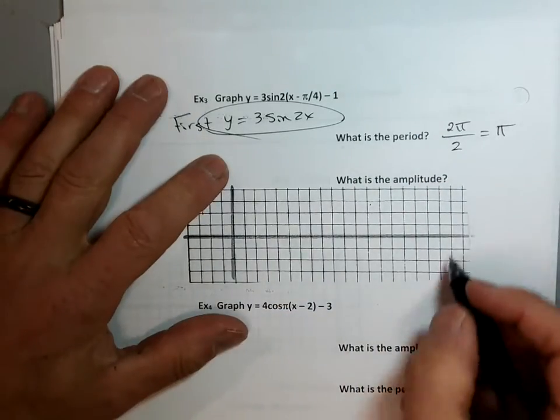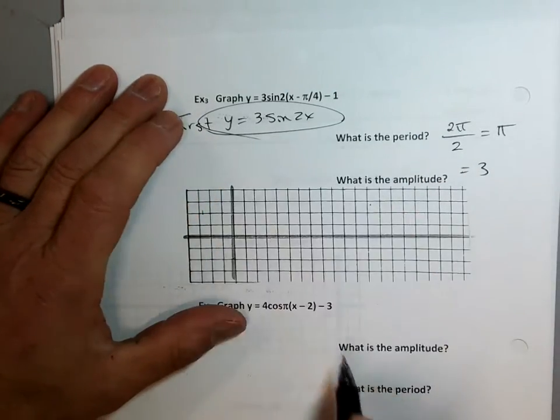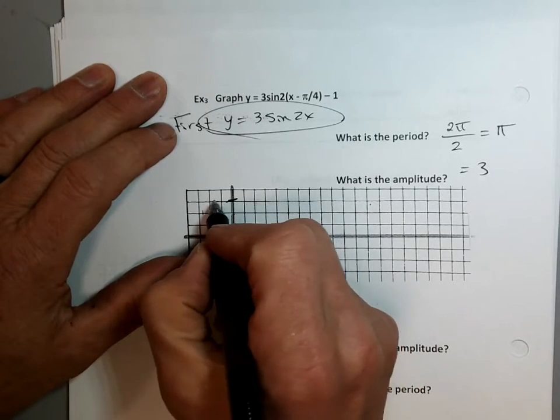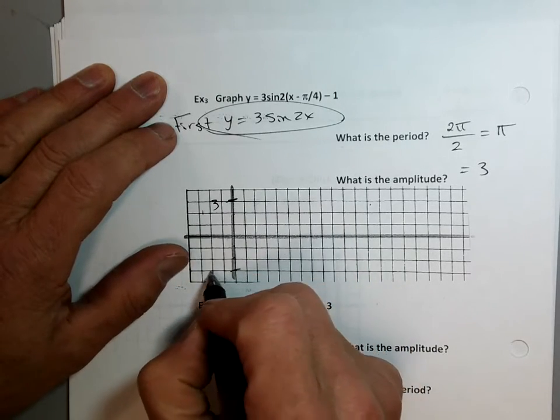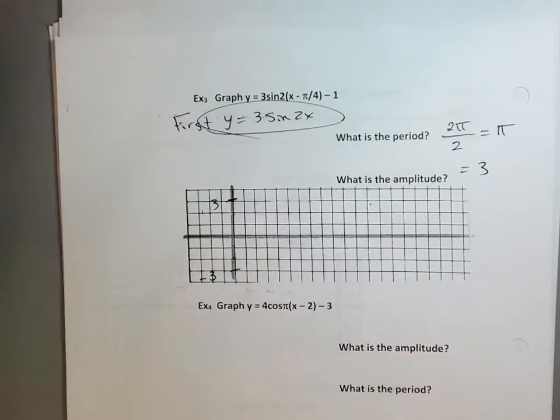What's my amplitude? It's 3, right? So I'm going to go 1, 2, 3, 1, 2, 3, and then -3. And then I'm going to just put in for my x-axis my angles. Pi fourths, pi halves, 3 pi fourths, pi, 5 pi fourths, 3 pi halves, 7 pi fourths, and 2 pi.